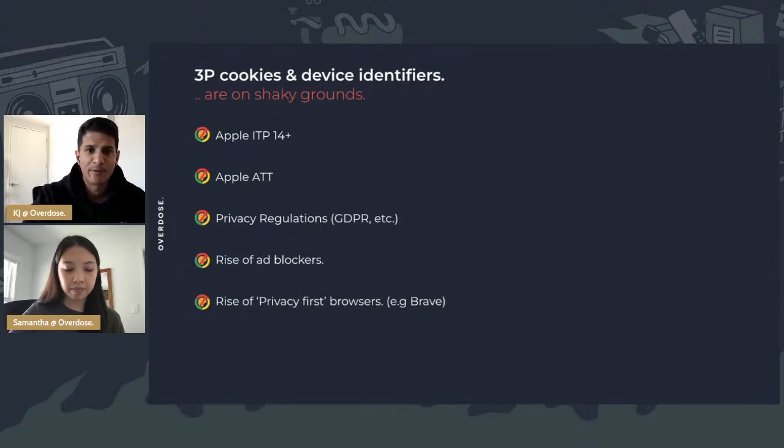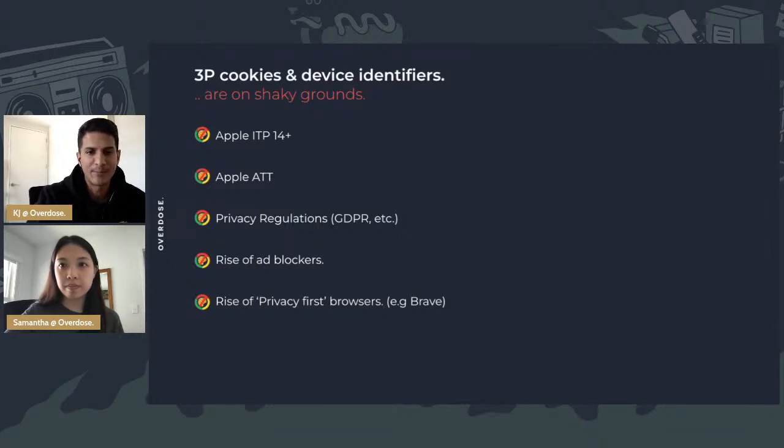A lot of private and public government regulations, as well as private industry actions, have taken place in the past 2 years. And third-party cookies are being increasingly seen as bad tools to do the job. Apple released ITP 14 plus, from the iOS 14 operating system till today.